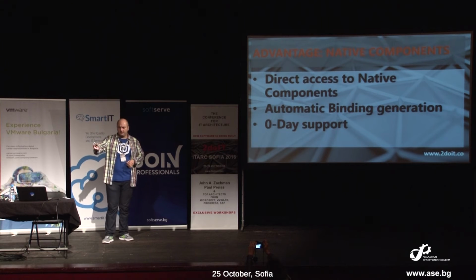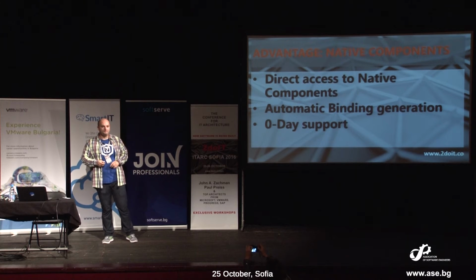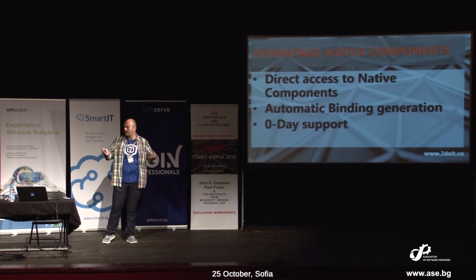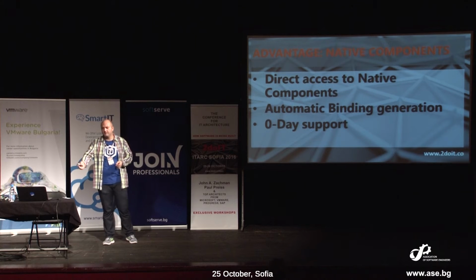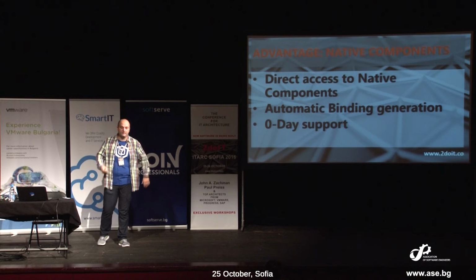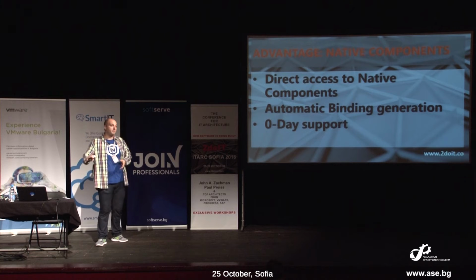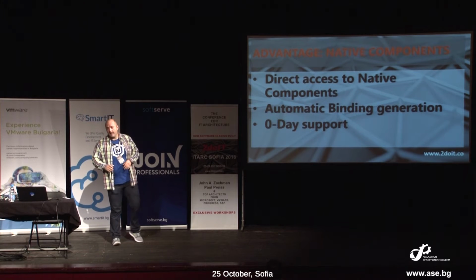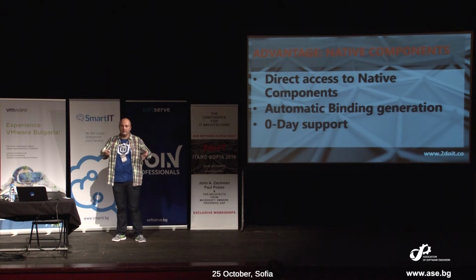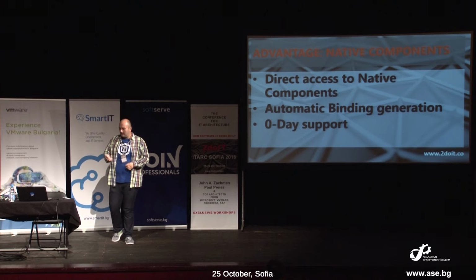I selected 3 of the most popular features of NativeScript. These are the direct access to native components, the automatic binding and metadata generation, and the 0-day support that happens therefore.